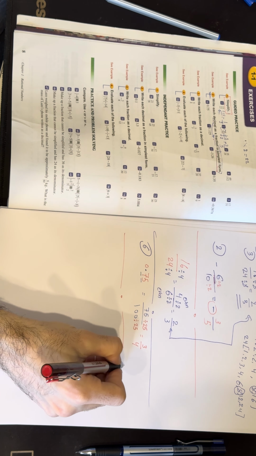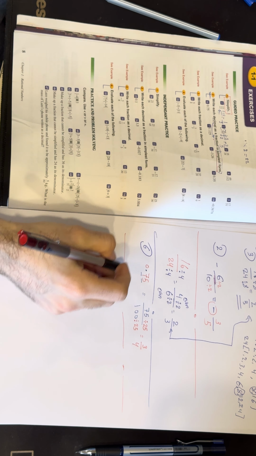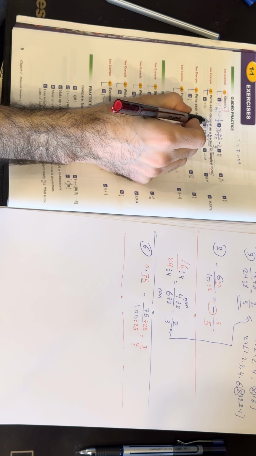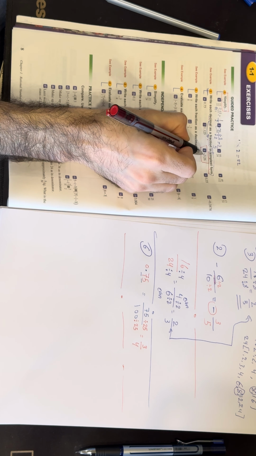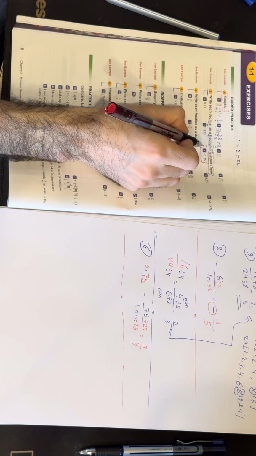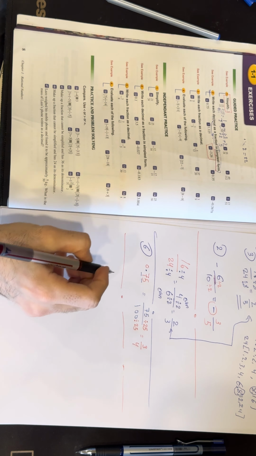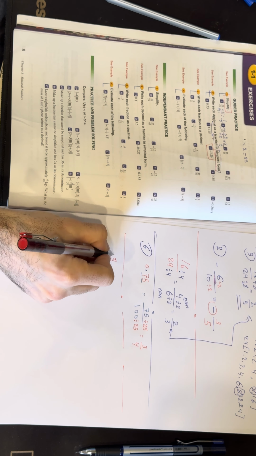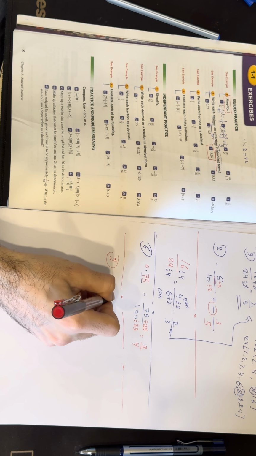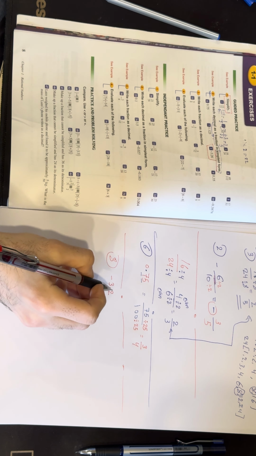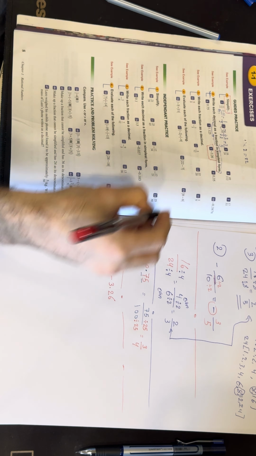So now we have another question in changing decimal to fraction, which is question number 8. We have a number in front of the decimal and we have a negative. What are we going to do in this case? So in question number 8, the question is negative 3.26.